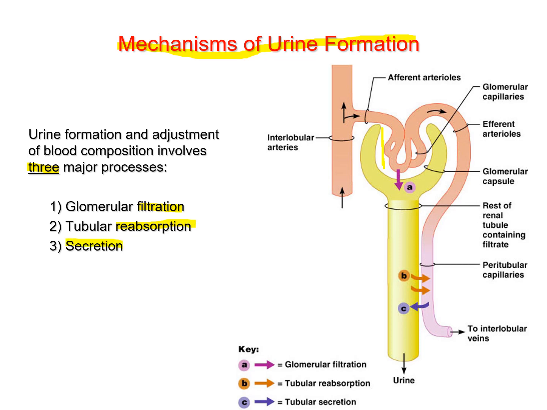Filtration, of course, occurs here. The blood coming in to the glomerulus, that capillary bed inside the glomerular capsule, is filtered and the filtrate goes into the tubular system. It enters into the glomerular capsule and then goes into the proximal convoluted tubule.